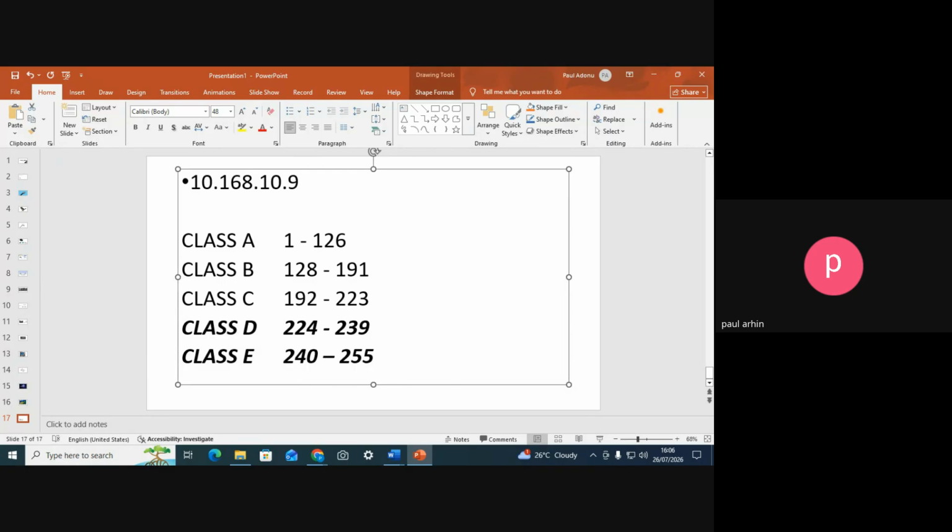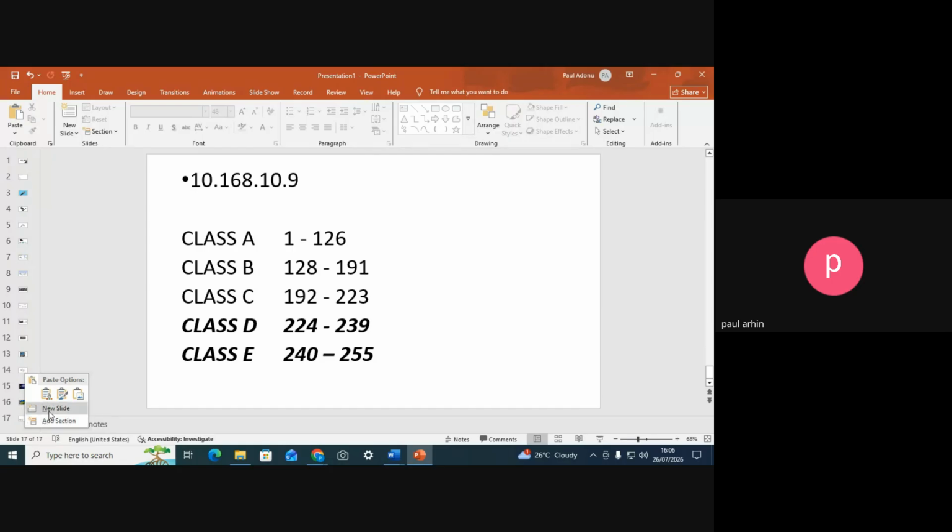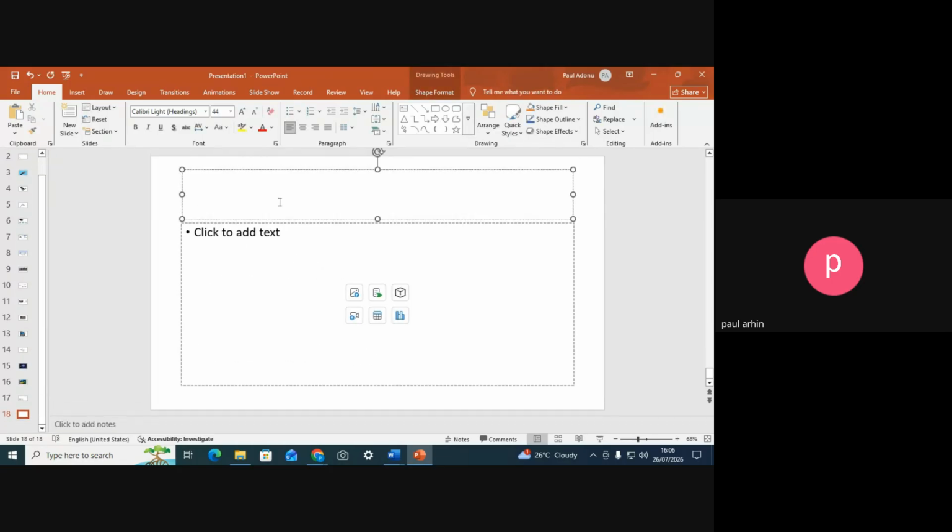Now, the IP address 127 is actually a special IP address used for what we call loopback. Let me explain from this side. So the IP address itself is in the form of 127.0.0.1.